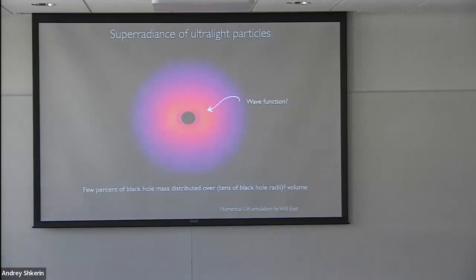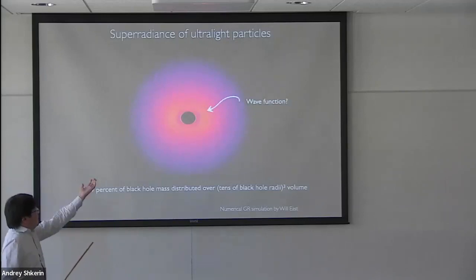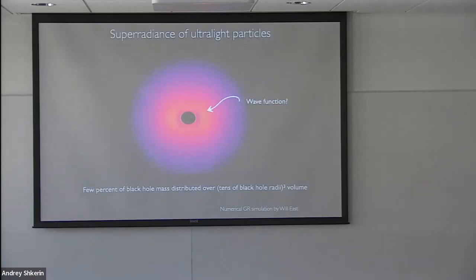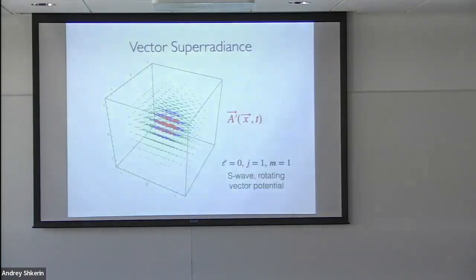And as you can see, the profile of this vector field around the black hole is somewhat regular. So this motivates us to understand what is the wave function of this cloud of particles.